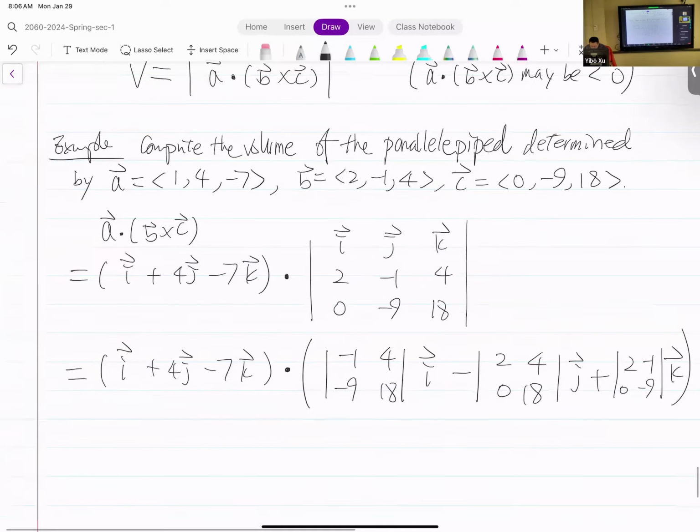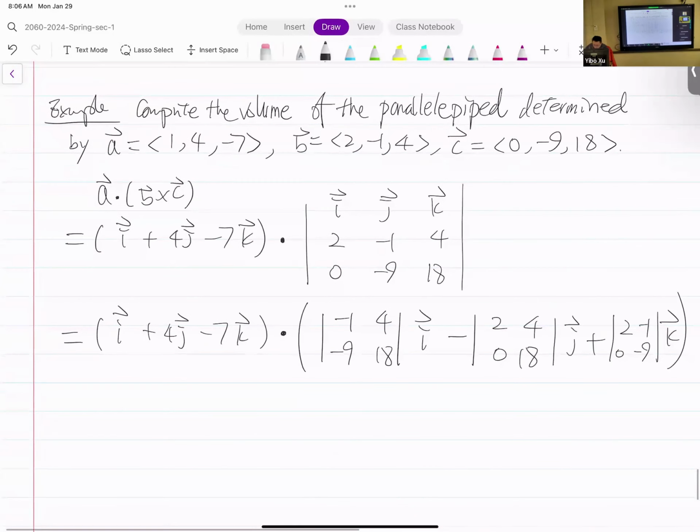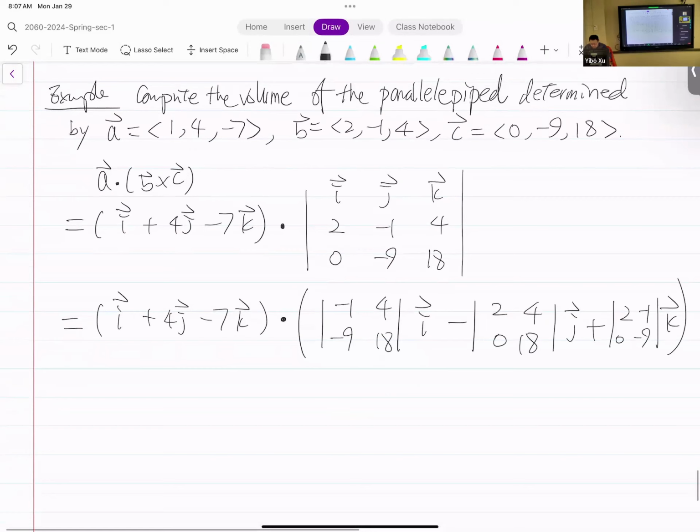Okay, so now it shouldn't be too hard because now we have both vectors in terms of the standard basis. And we do know that if you have I, it will give you 1. So the constant in front of I will be multiplied, and then you just add the product of the components.